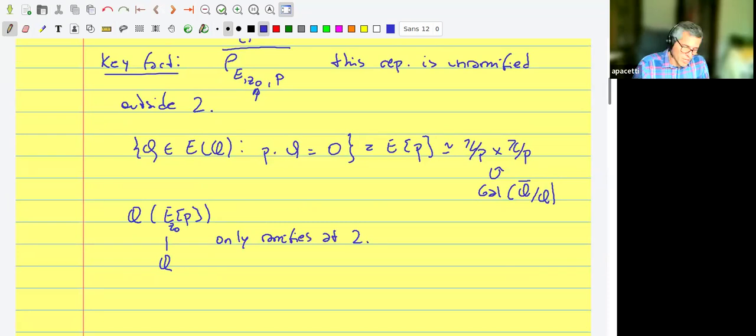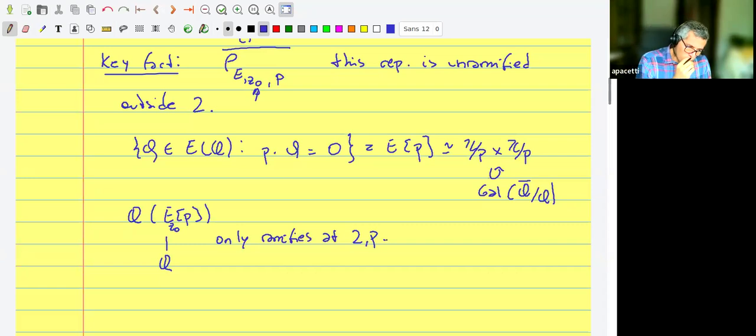There is some ramification at p, but that comes because you're considering the p torsion points. But you got rid of all the other primes, and you're constructing extensions with very little ramification. This is the strategy in the background.